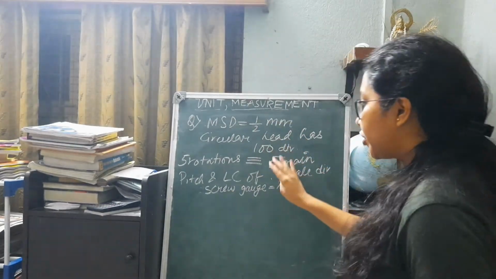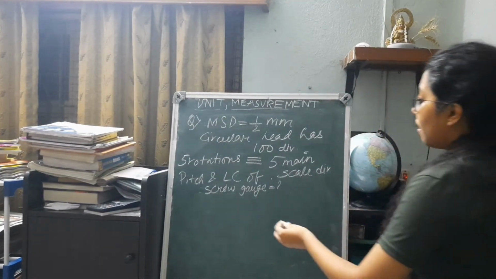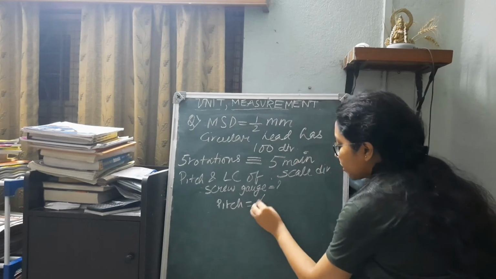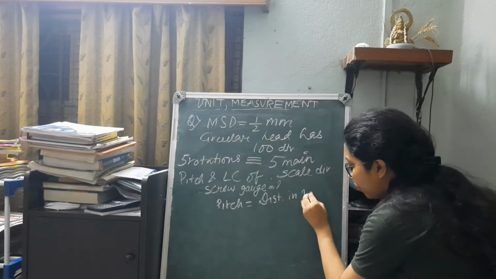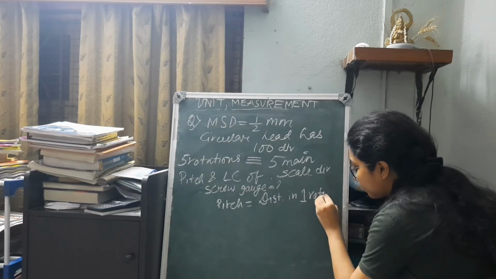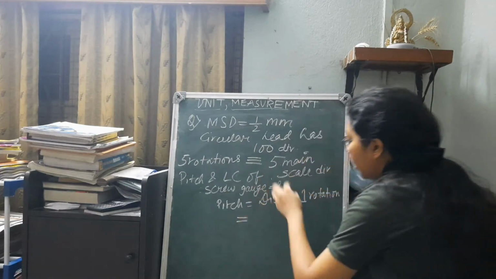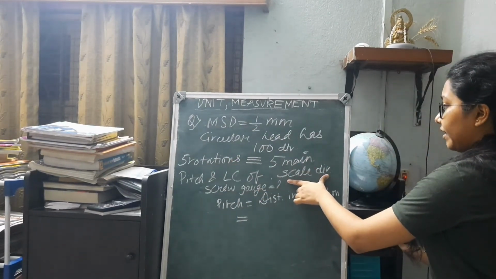So what is the pitch and the LC of the screw gauge? Now pitch is nothing but the distance moved in one rotation. If we see 5 rotations, it has been 5 main scale divisions.